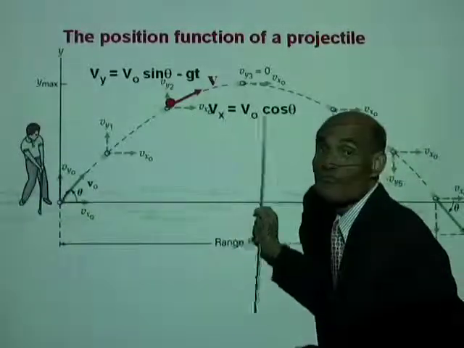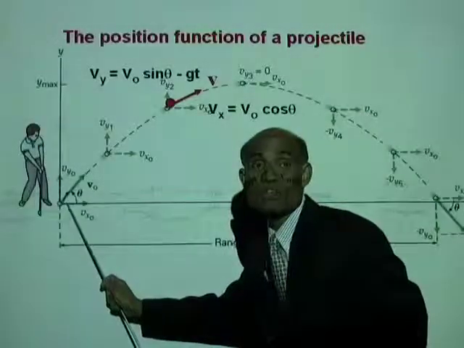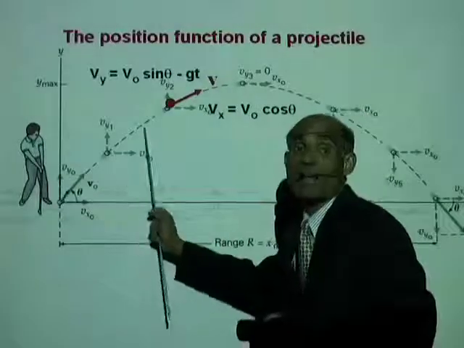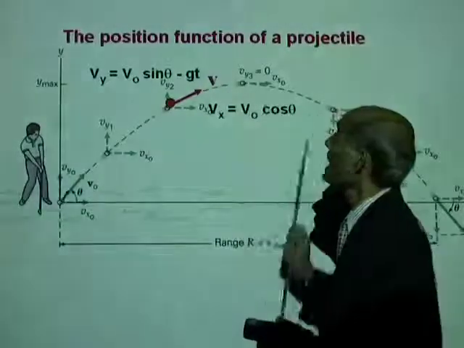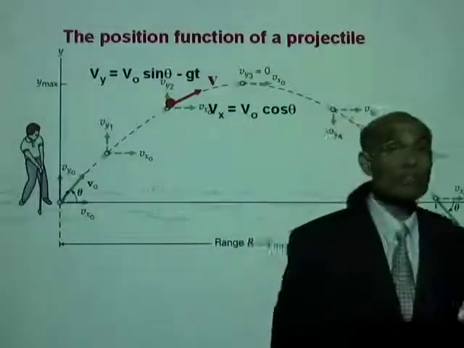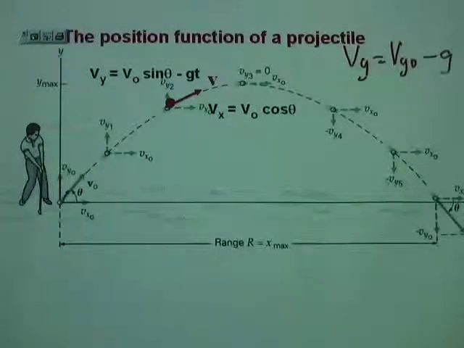You see, the x velocity will not change. The x velocity when you hit it is v0 cos theta, and at any other time the x velocity will not change. But the y velocity will change. Look at the equation for the y velocity. We have vy equal to vy0 minus gt. Is that right?